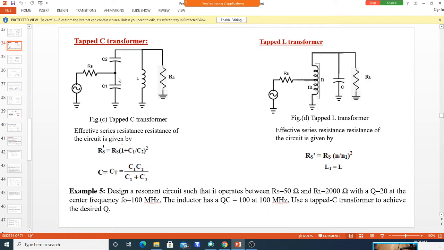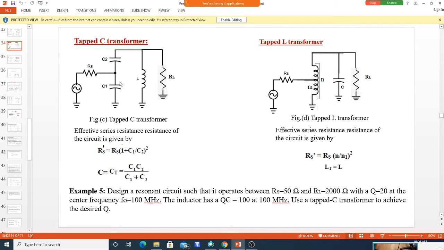You take that capacitor and split it into two values, C2 and C1. RS depends upon the values of C1 and C2 through this equation. So by properly choosing C1 and C2, we can get a value RS dash, that is the required value of RS. Like that, we can increase the resistance.